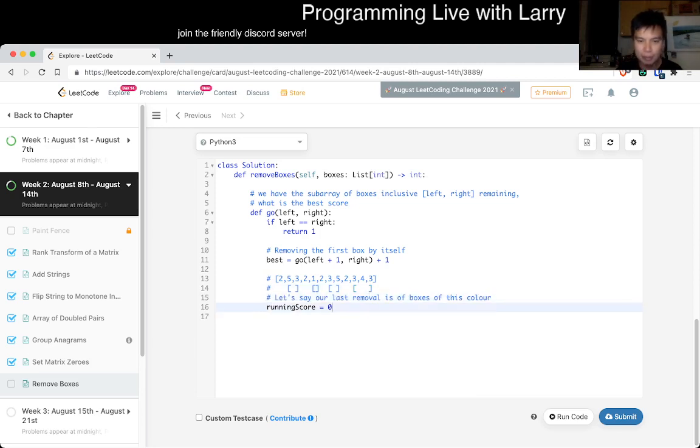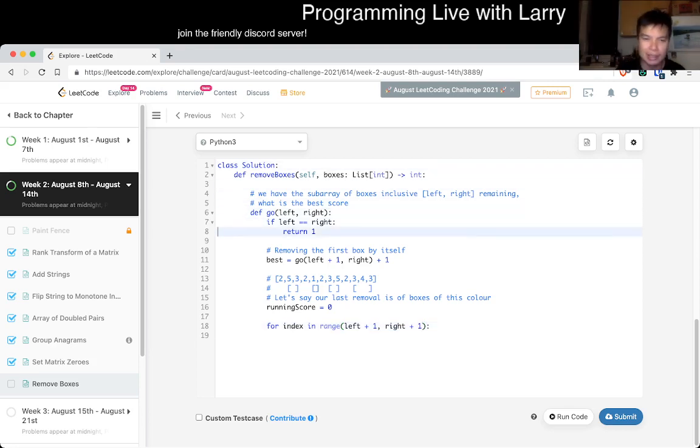Oops. So yeah, so now let's just say for index in range of, let's say, left plus 1. We want to go over this inclusively maybe. Yeah, okay. I have to think about the indexing here, because if it's inclusive, okay, that should be okay.